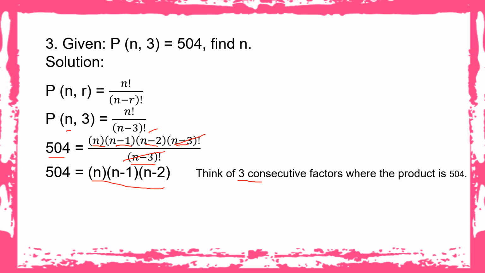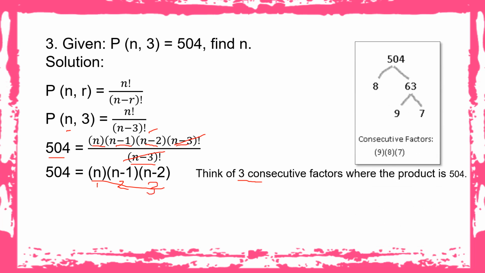So we need to think of 3 consecutive factors for 504. So you can see here, we can have 8 times 63, and 63 is 9 times 7.